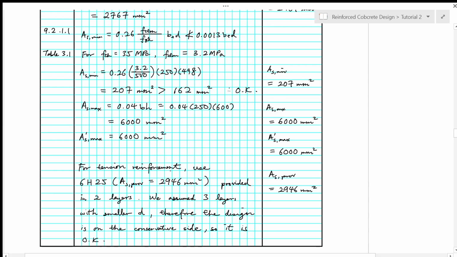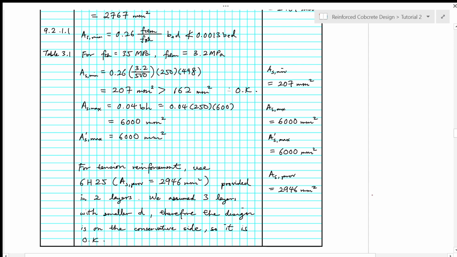So for the tension steel, we use 6H25 with As provided of 2946 square millimeter, provided in 2 layers. Just now we assumed 3 layers with smaller effective depth d. Therefore the design is on the conservative side, so it is okay.